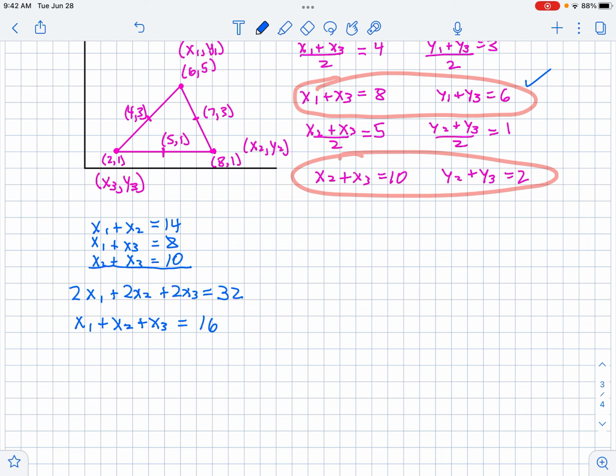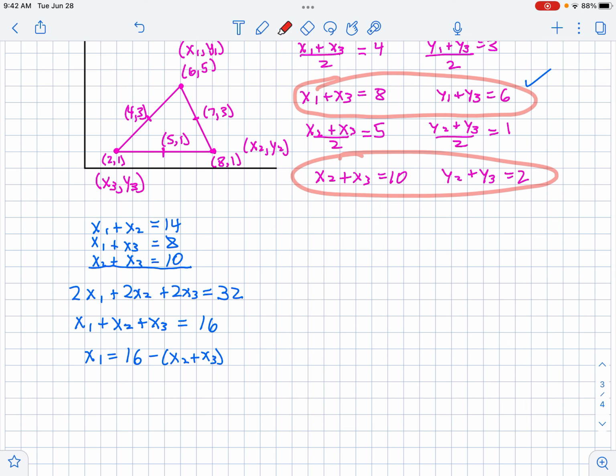Now, you may not see where we're going with this, but we're going to in turn solve for x1, x2, and x3. So x1, with a little algebra here, is 16 minus x2 plus x3. I just brought the x2 plus x3 to the other side. Now, what is x2 plus x3? Well, it's 10.